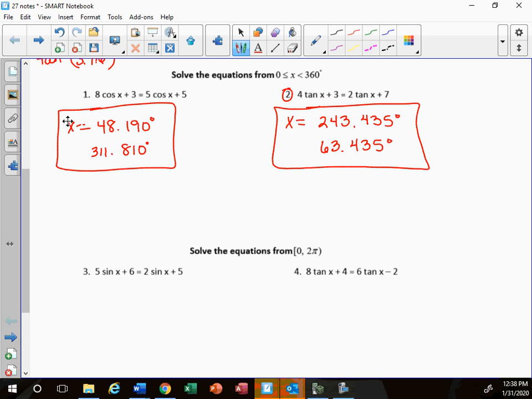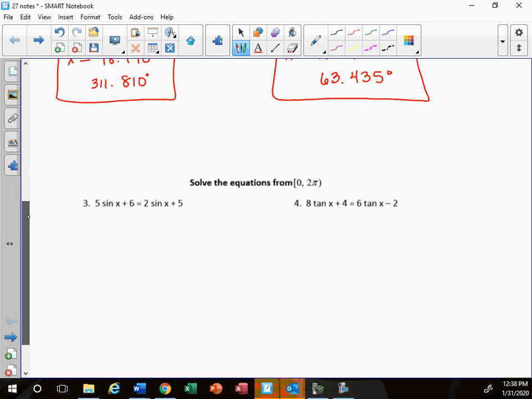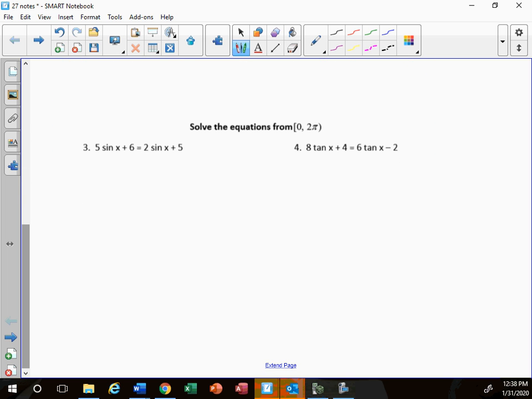Okay, number 3, solve the equation from 0 to 2 pi. Radian mode. And what else do you need to change? Window. All right, you guys try it. Try number 3.